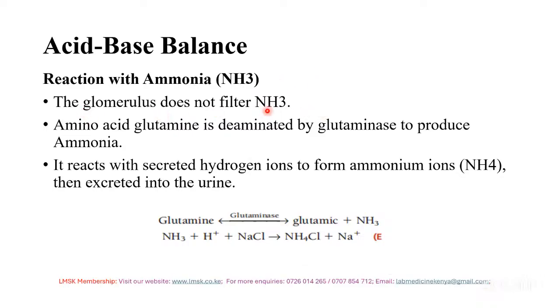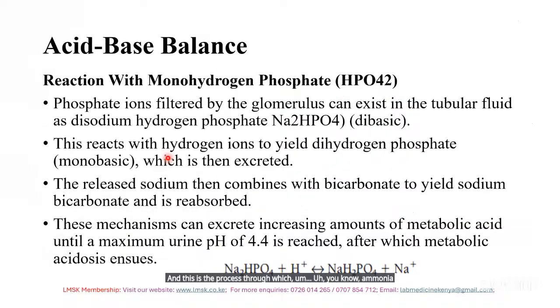Ammonia is also deaminated to less harmful products such as urea, and it's excreted in urine. This is the process through which ammonia is deaminated or made into a less toxic form, which is urea, and excreted.